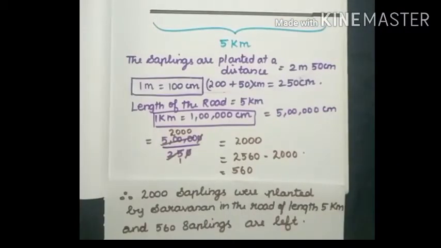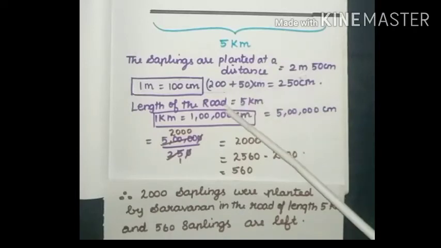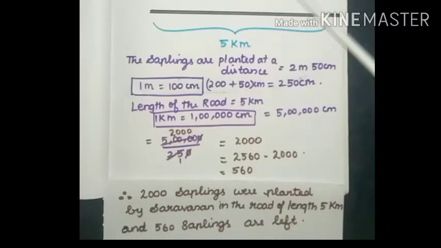Students, is it clear now? First we have to convert meter into centimeter. That is, the saplings are planted at a distance equal to 250 centimeter and the length of the road equal to 5 lakh centimeter. First we have to find how many saplings will be planted by him. For that we have to divide 5 lakh by 250. We will get the answer as 2000. Therefore, 2000 saplings will be planted by him. And then we have to find how many saplings are left.